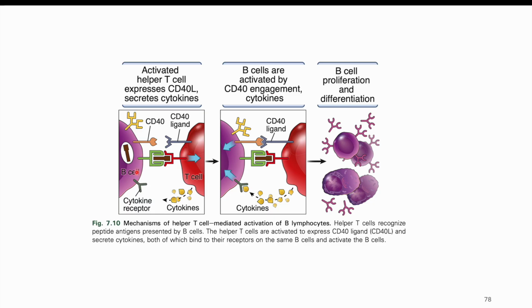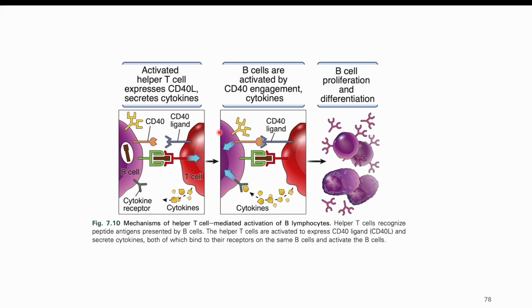So on the B cell, what receptors need to be there? It needs a cytokine receptor and a CD40 receptor. If the T cell is secreting cytokine, it should reach the respective B cell. How will it reach? Whenever there is a receptor for it. If there is a ligand on the T cell, CD40 ligand, the receptor should be on the B cell, CD40 receptor, so that they can bind, as you can see in the middle panel here.